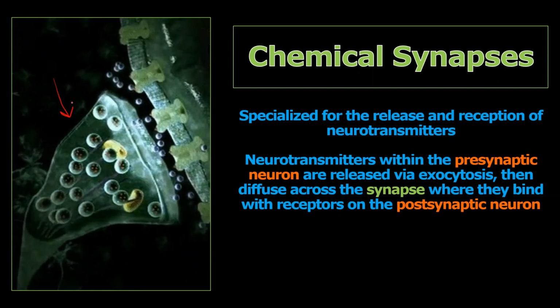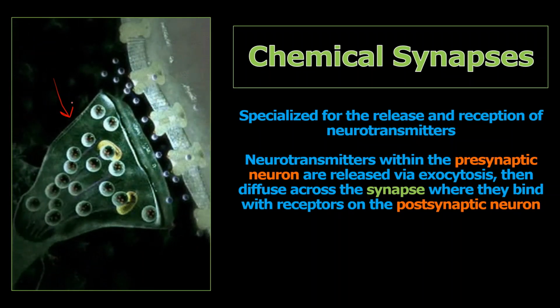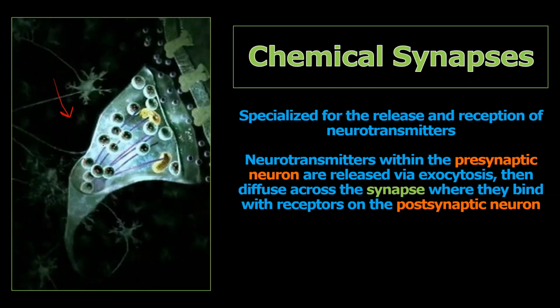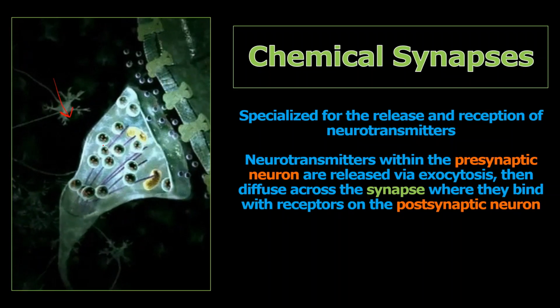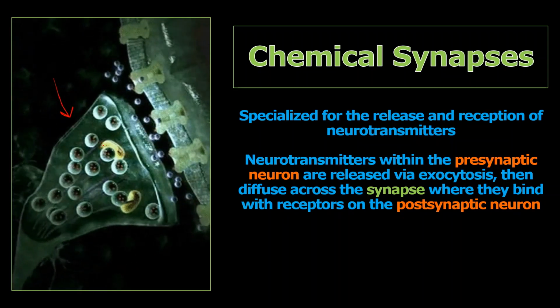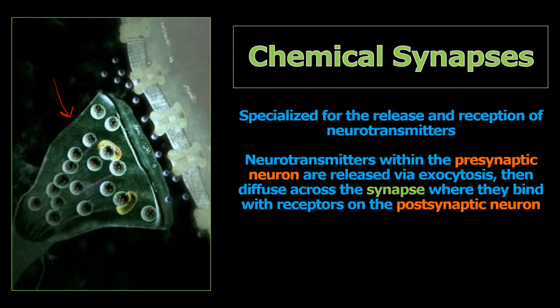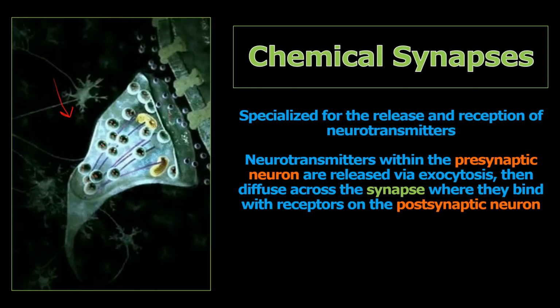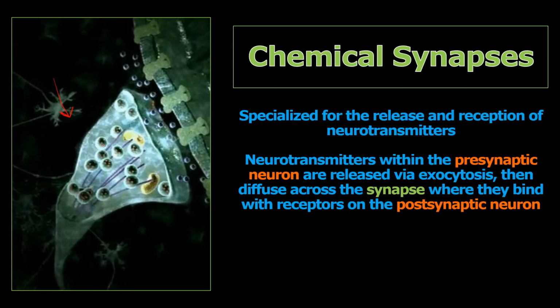We're going to put that material into vesicles where they will merge with the membrane and diffuse across to the postsynaptic neuron. Sometimes that postsynaptic neuron can be, say, a muscle fiber. If you say that looks like a neuromuscular junction, it could be in this instance if the neurotransmitter were acetylcholine.